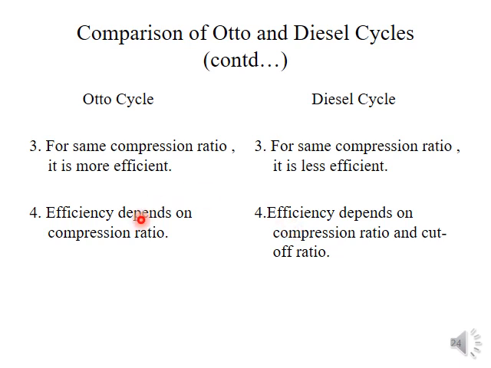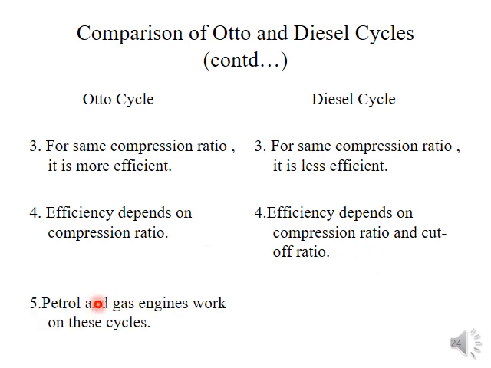We know that the efficiency of the Otto cycle is 1 minus 1 divided by R power gamma minus 1, whereas for the diesel cycle some product is also there: 1 minus 1 divided by R power gamma minus 1 into the bracket rho power gamma minus 1 divided by gamma into rho minus 1. So that is the efficiency of a diesel cycle. So it depends upon both the compression ratio and the cutoff ratio, where the cutoff ratio is represented with rho and R is the compression ratio.